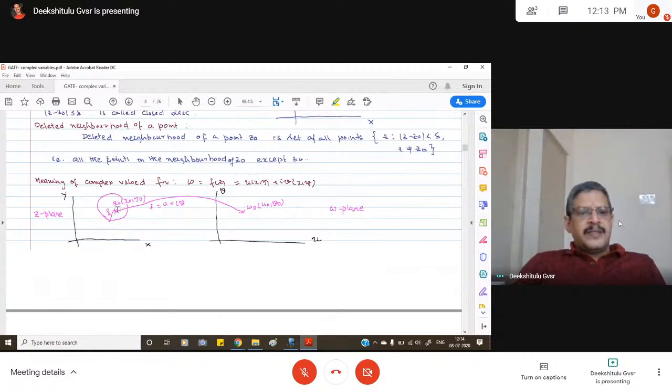So z naught means (x naught, y naught). If you substitute this x naught, y naught in u and v, where u is a function of x,y and v is a function of x,y, and x is equal to x naught and y is equal to y naught is a point in the xy plane, substitute this here.